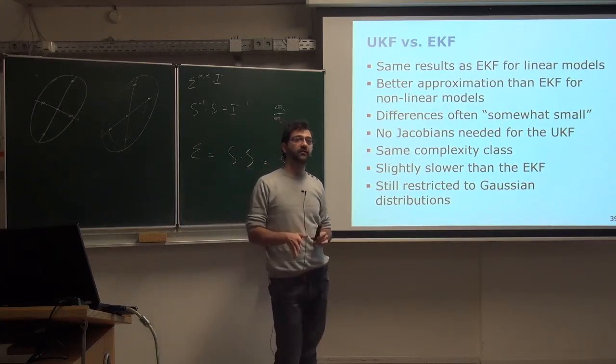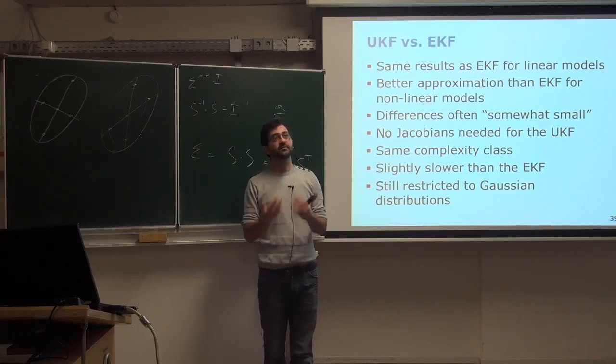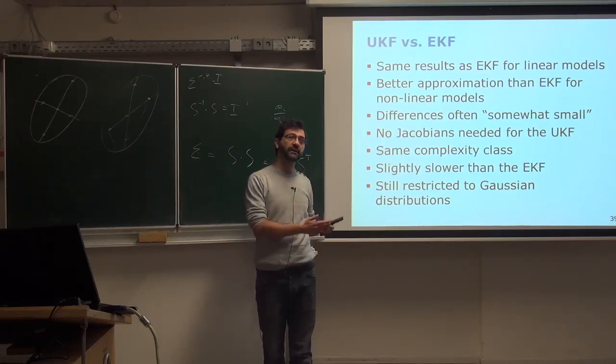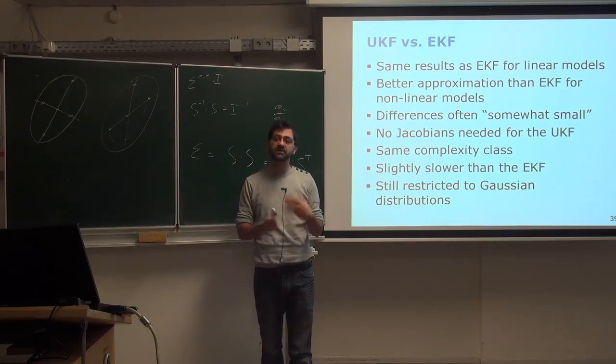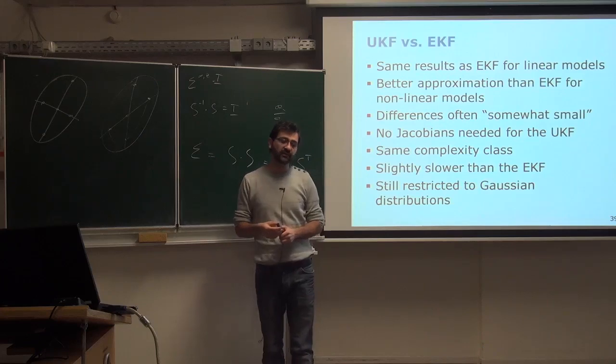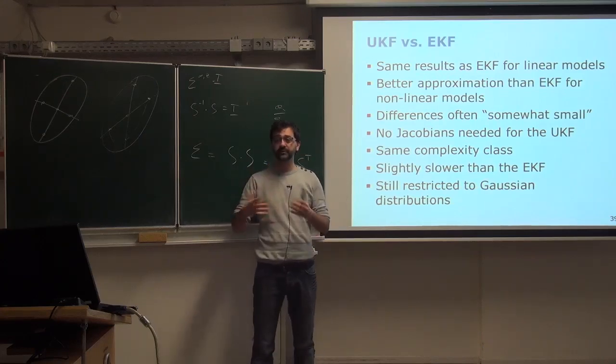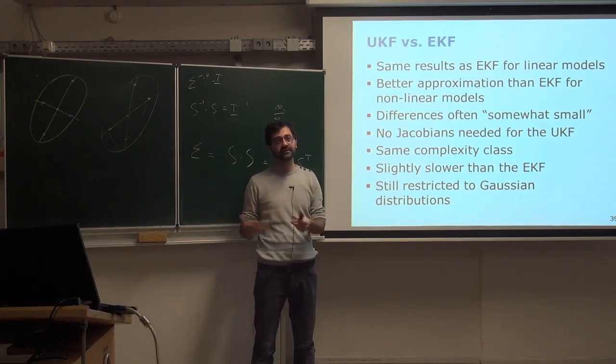In the general case, there is not much of a difference. So the nominal case is not so much uncertainty and not so nonlinear a function, so you don't see much of a difference. But the advantage of the UKF is that if you have a very cheap sensor, it might be useful to use it because the uncertainty grows and you might have overconfident results.